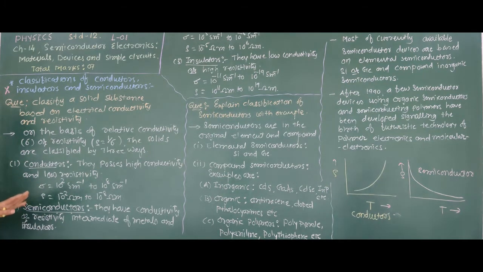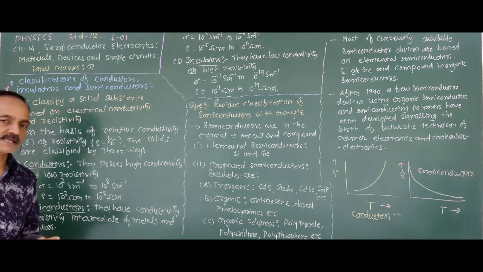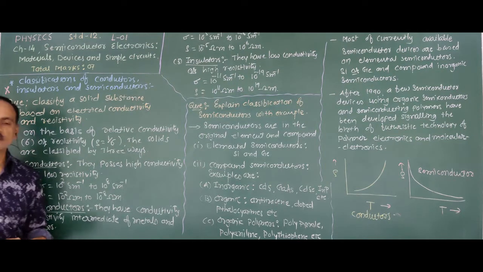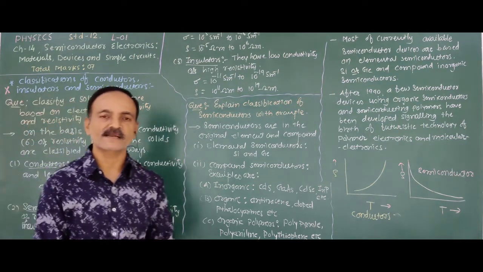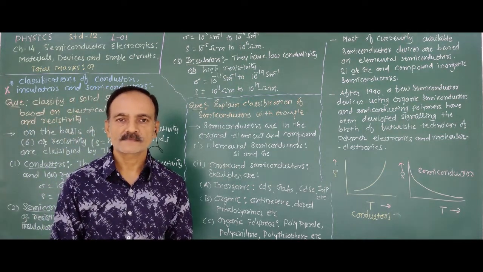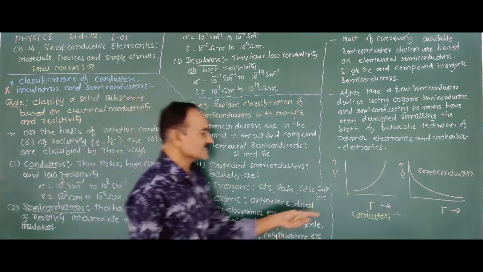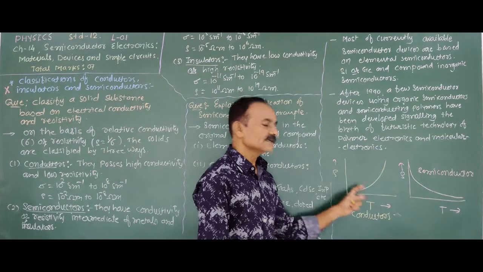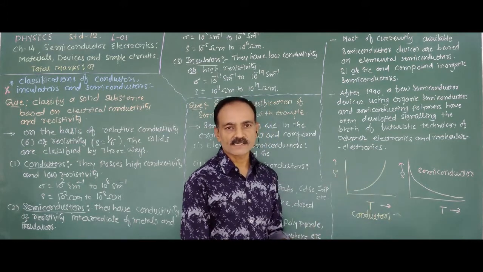This information is not asked in the exam, but to start our learning about electronics, it is necessary to know the difference between conductor, semiconductor and insulator. Here we discuss the relation between resistivity and temperature for conductors and semiconductors.